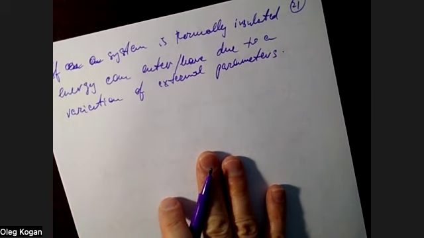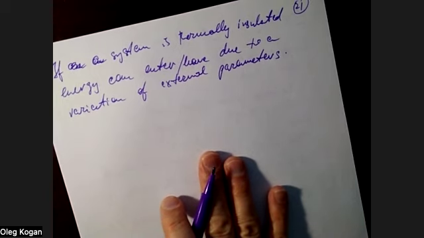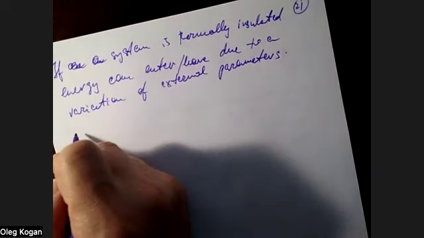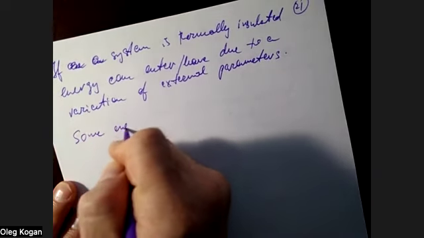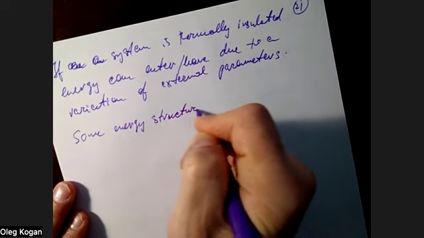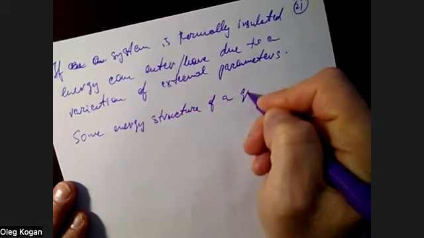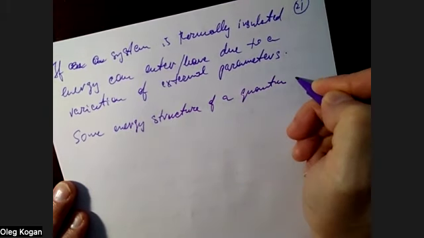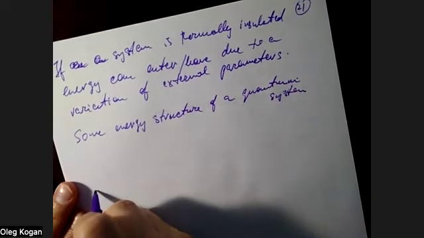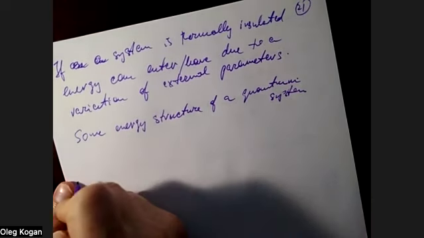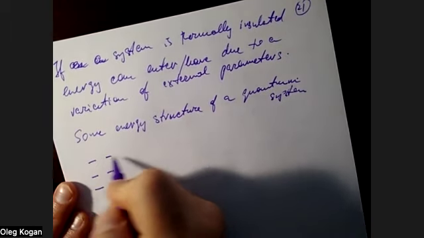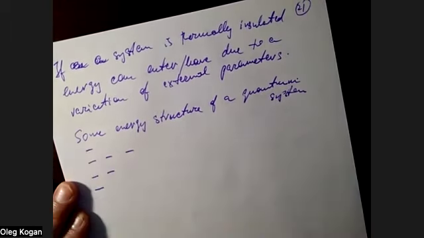Quantum systems make it especially clear how that happens. Consider some energy structure of a quantum system. I'm just going to make something up. So you have a ground state energy, and then you have a degenerate second level, and then a triply degenerate third level, and then maybe a fourth level.